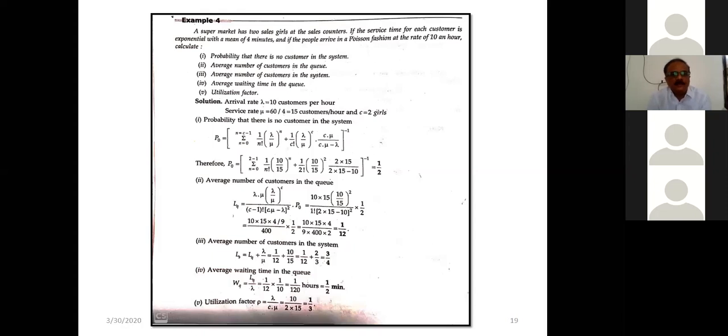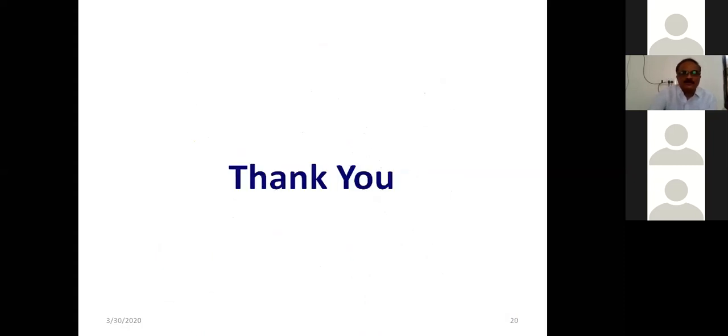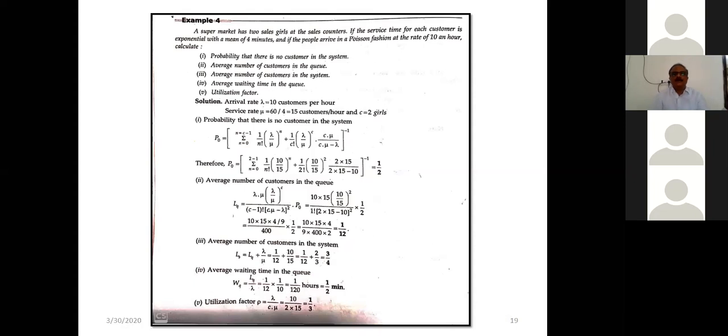But you will have to remember the formulas for all these 4 models and then you can easily solve them. So with this, we have completed model number 2 and model number 3. Model number 4 we will see on another day. We'll conduct one more lecture, and with that we'll be able to finish waiting line theory.